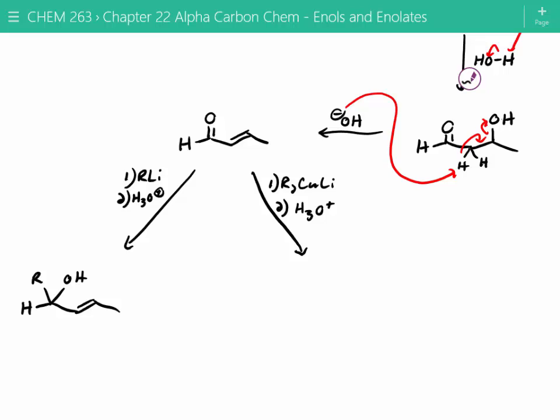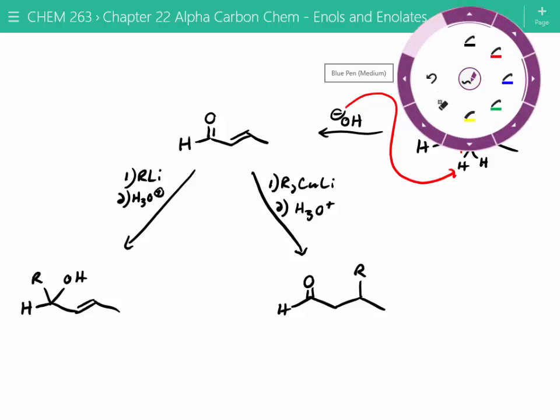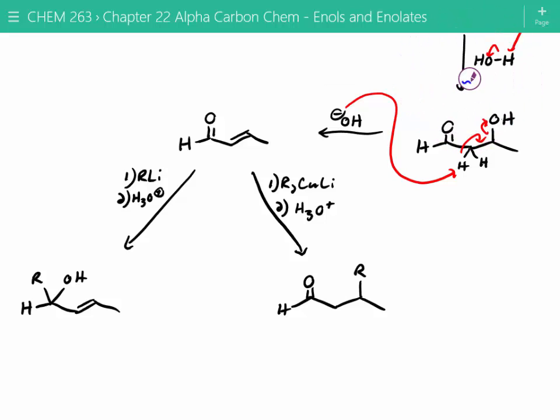And if we do this, we don't attack our aldehyde, but rather we attack our beta position. So this would be an example of 1,4 or conjugate addition.